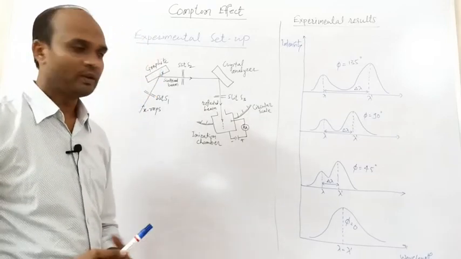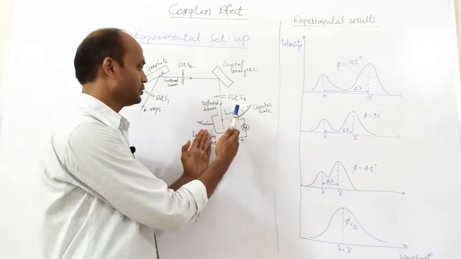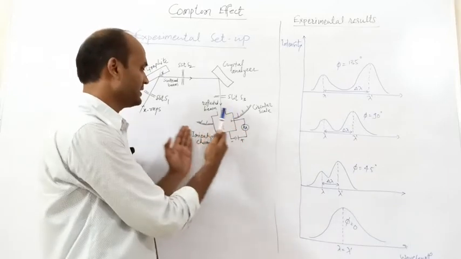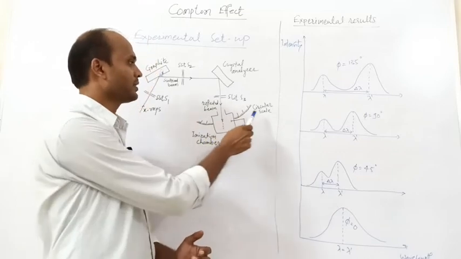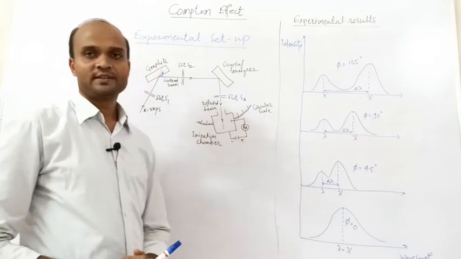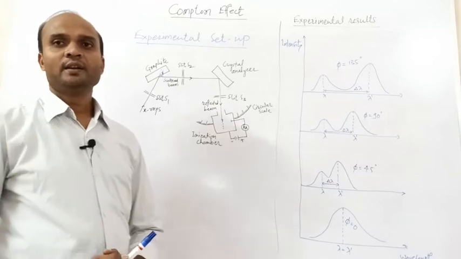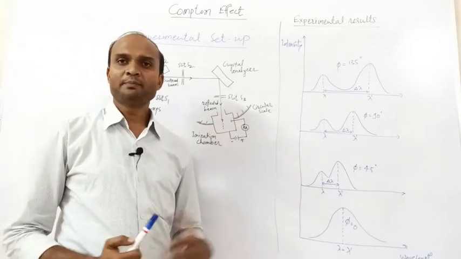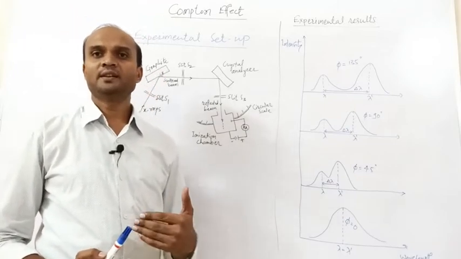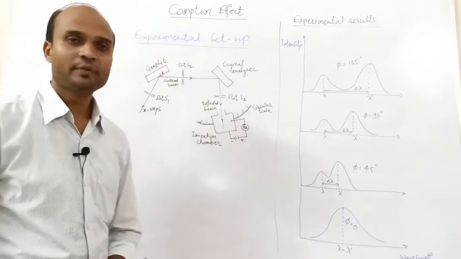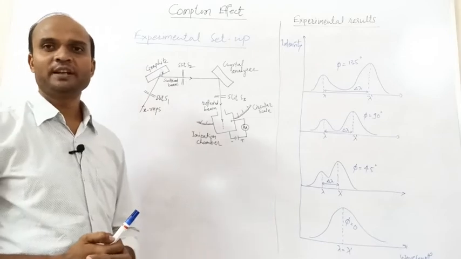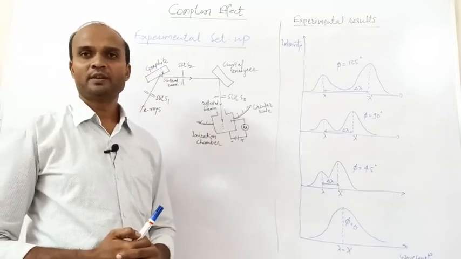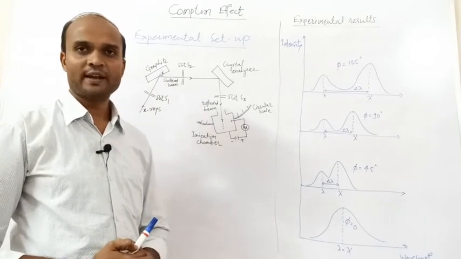To detect different wavelengths, we adjust the position of the ionization chamber along a circular scale. The same procedure can be repeated for different values of scattering angle phi.